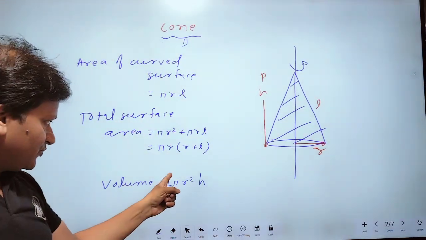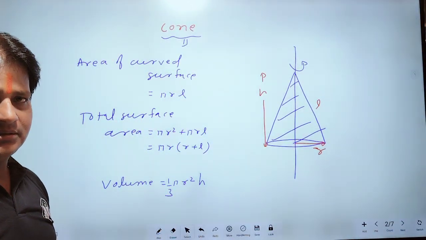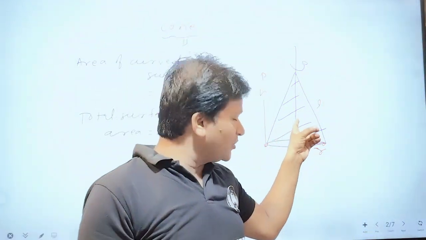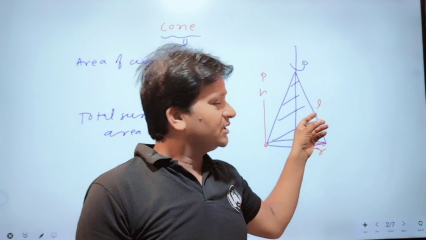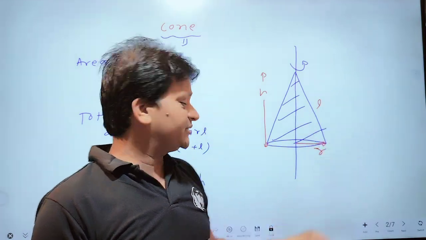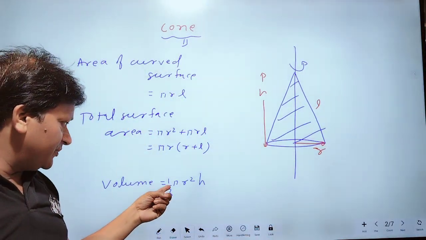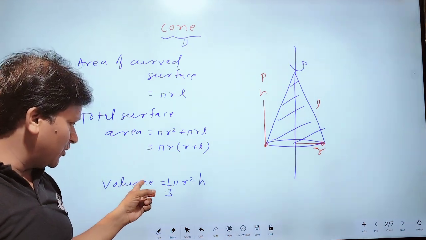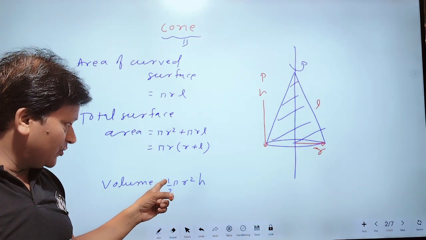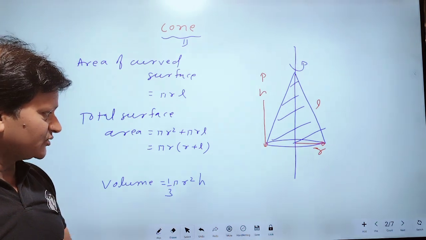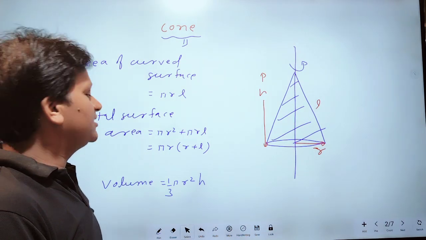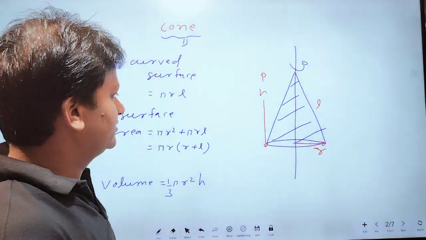Volume of cylinder is pi r squared h, but here volume of cone is less than volume of cylinder. Therefore, it will be 1/3. Volume of cone will be 1/3 pi r squared h. That is 1/3 of cylinder.